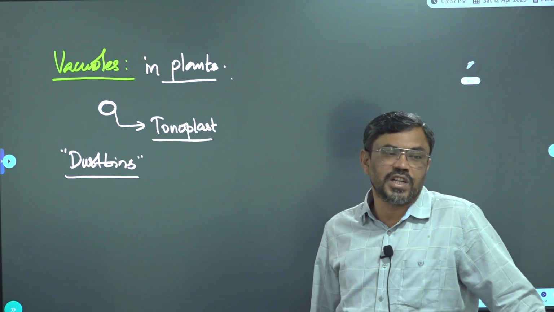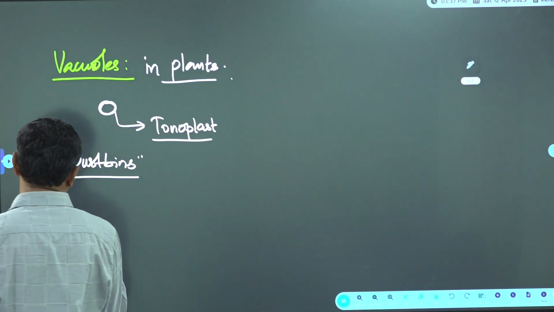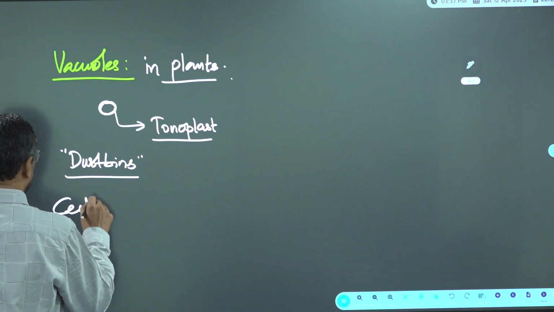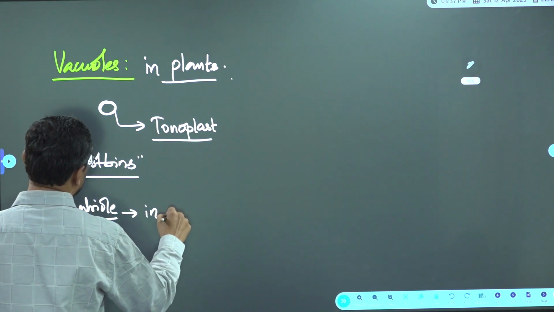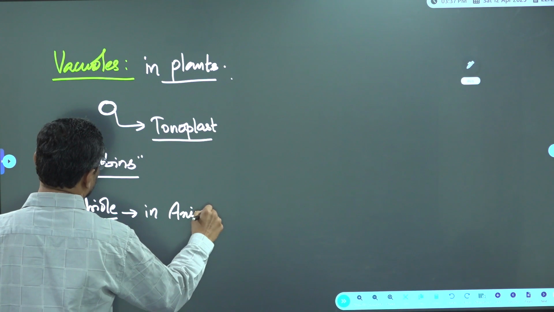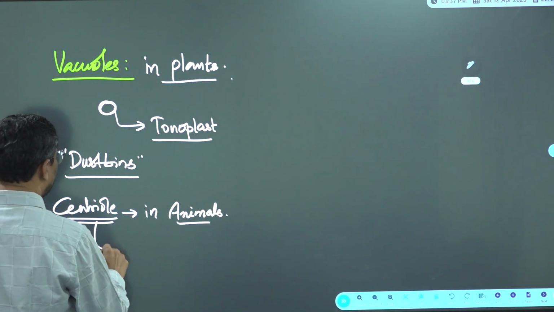Right? And centriole. Centriole is present in animals. It is useful for cell division.